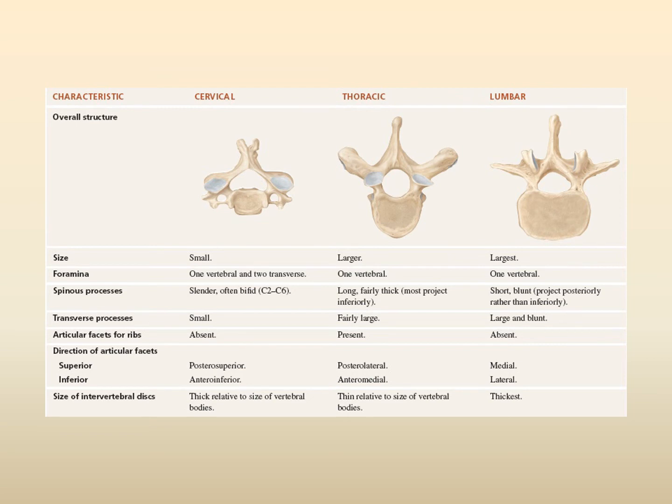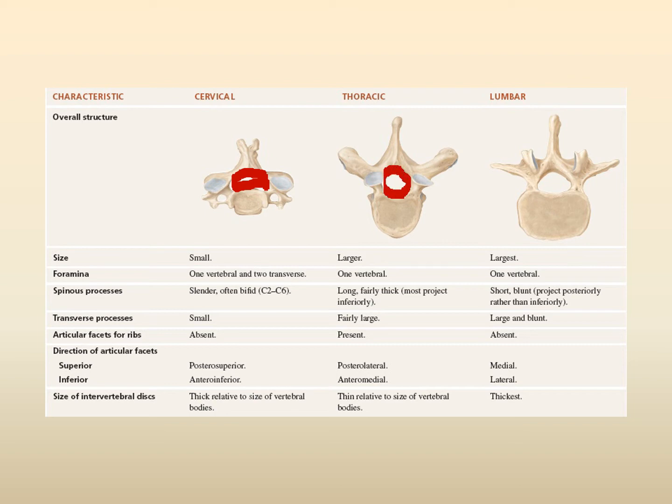The vertebrae have certain characteristics that you can use to identify one from the other. A couple of features that you may notice is right here. This is known as the foramen. This is where the spinal cord is going through. And notice the shape of it versus the size of it.